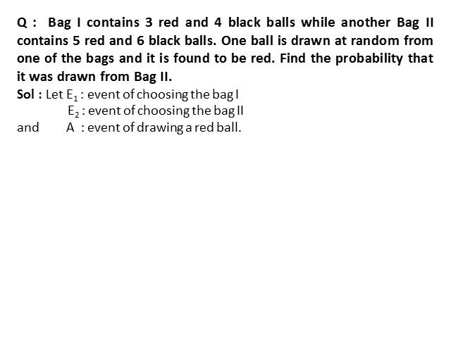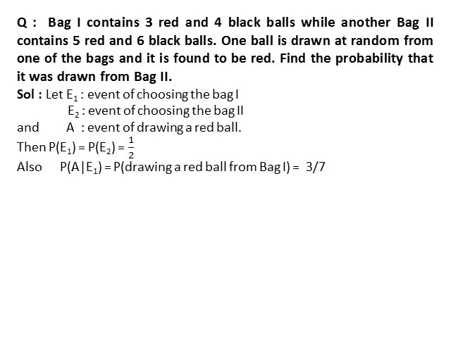Let E1 be the event of choosing bag number 1, E2 be the event of choosing bag number 2, and A be the event of drawing a red ball. As there are two bags, the probability that bag number 1 is selected is P(E1) equals 1 by 2. Similarly, P(E2) is also 1 by 2.